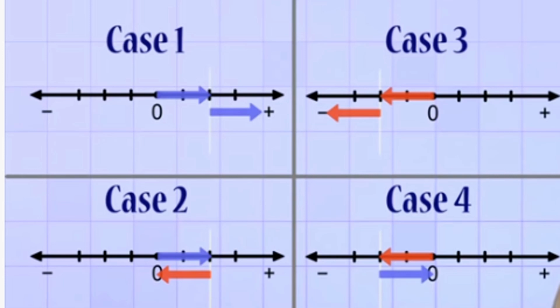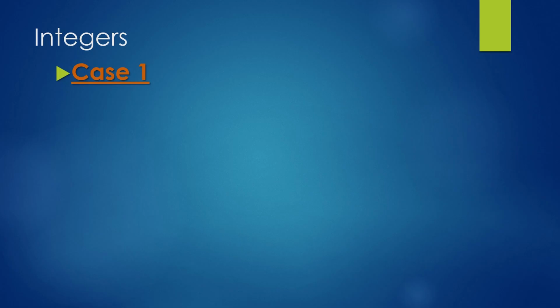Case number 3, you have a negative number that you're adding another negative number to. And if you add negative to negative, you're going to get more negative, right? So it's going to be further into the negative, and it will definitely be a negative number, farther from 0. And case number 4, you start with a negative number, and you add a positive number, which means you're adding positivity to negativity, so it's going to be getting closer to 0, or could even get into the positive depending on the number.